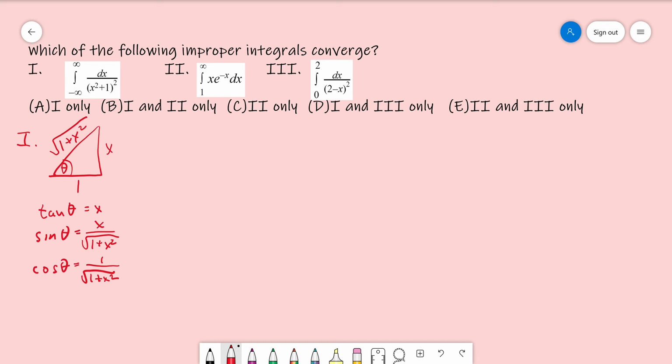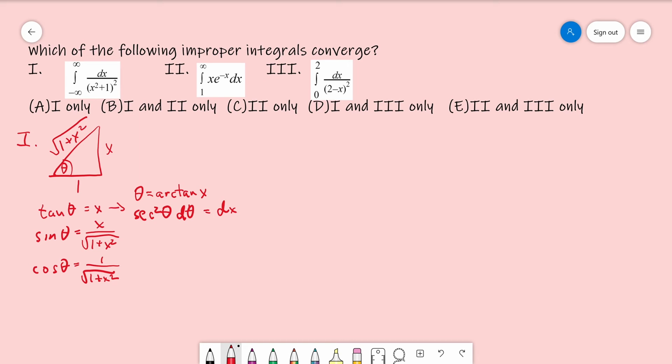And from here, we're going to write two things. One, that theta is equal to the arctangent of x, and let's also differentiate implicitly. We'll get the derivative of tangent is secant squared theta d theta is equal to dx.